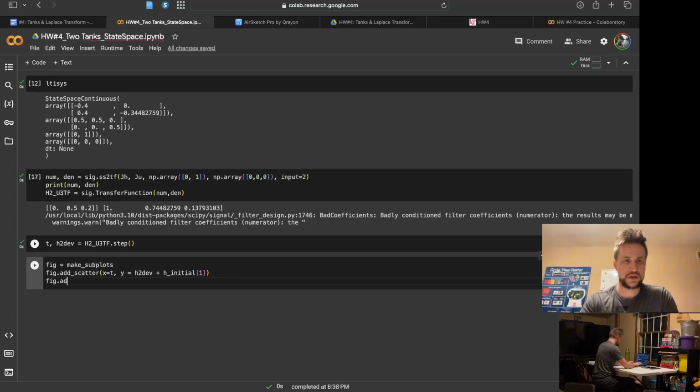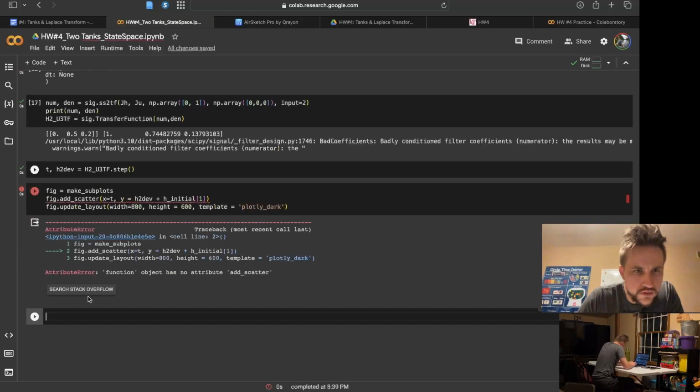And let's go ahead and update our layout. Give it a width of 800, height of 600, type, and template. There we go.